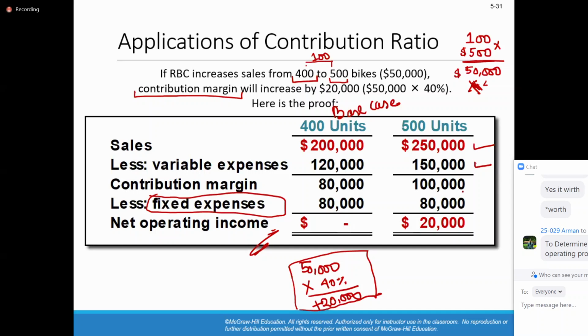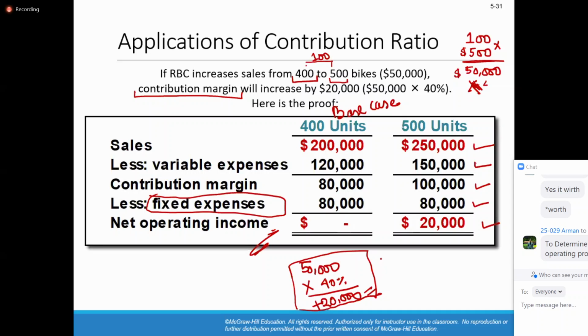And we get this contribution margin 100,000. And we see that our fixed expenses 80,000 as before, and we get this 20,000 net operating income. And we see it was our break-even point from this base case. We see that our net operating income has increased from nothing to 20,000. So this is the same thing what we have seen here.